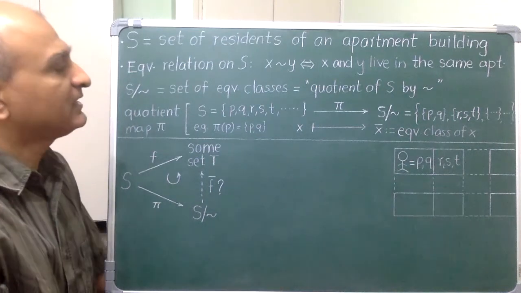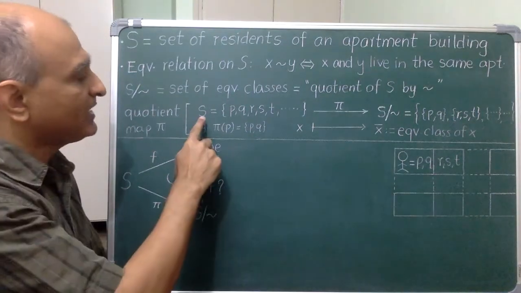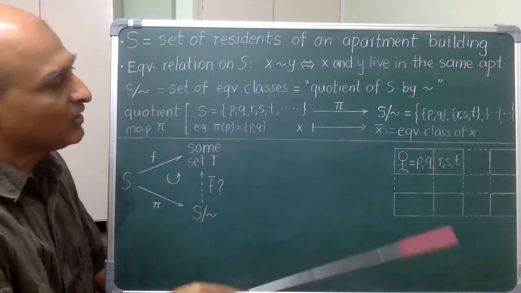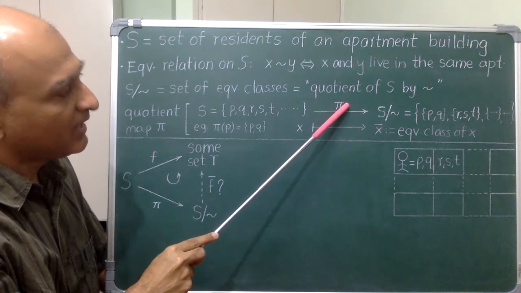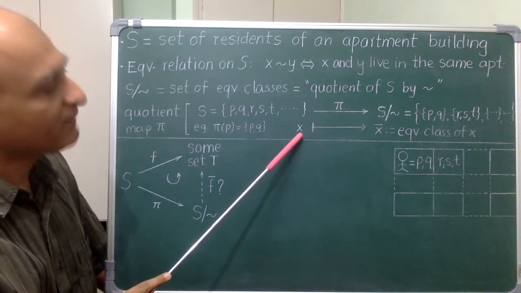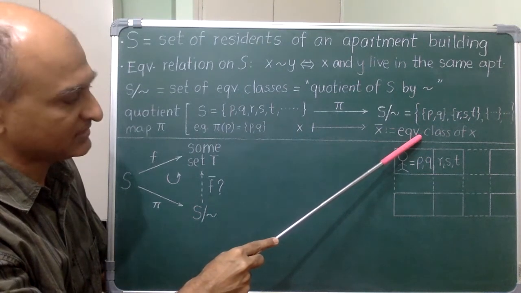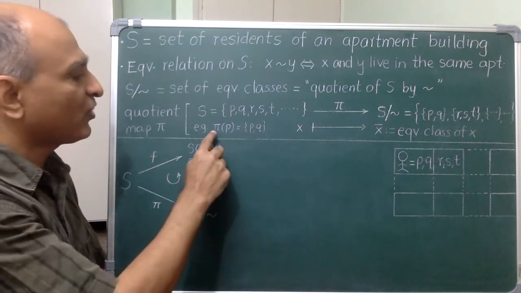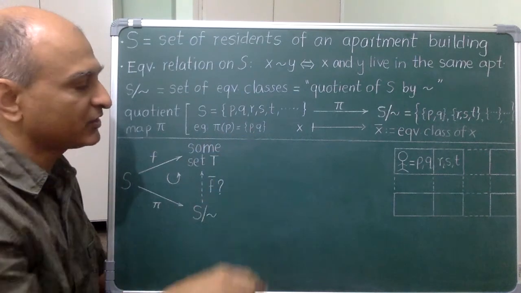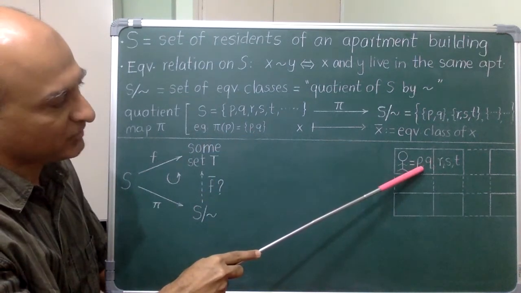Okay. There is a natural map from S to the quotient set called the quotient map pi, and pi of x is just the equivalence class containing the resident x. So for example, pi of p is the set {p, q} looking at this picture.